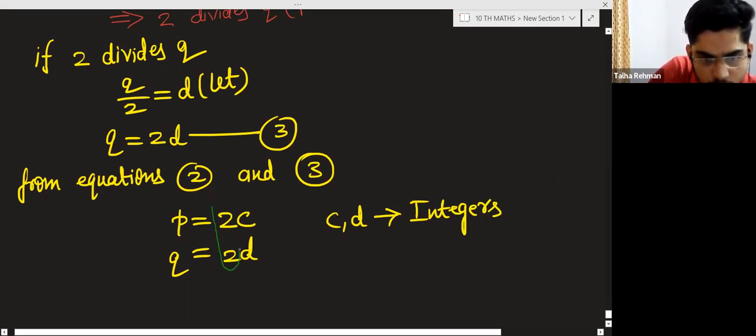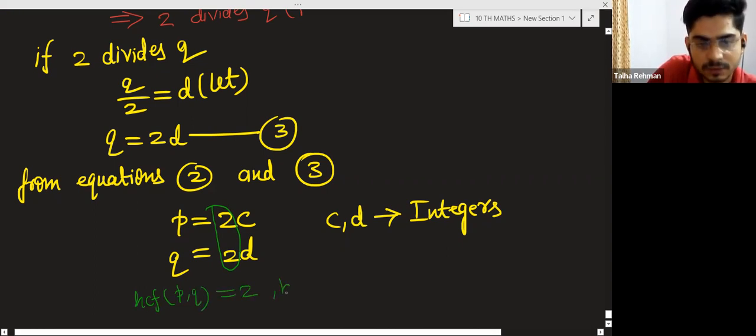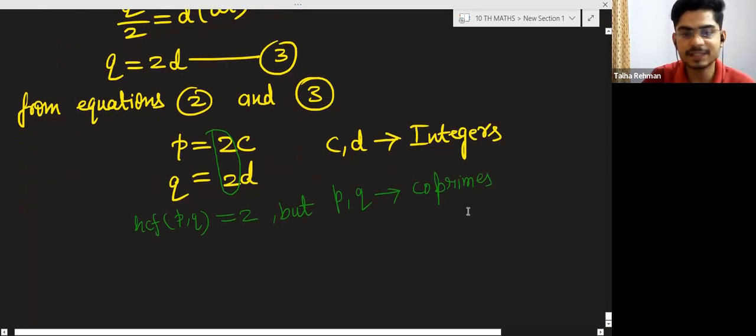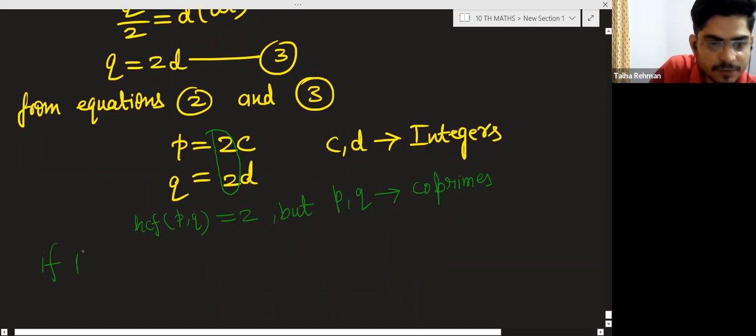Leave that. 2 is the HCF. So the HCF of P and Q is equal to 2, but we know that P and Q are co-primes. If P and Q are co-prime, then the HCF cannot be 2. We know that the HCF can only be 1 if P and Q are co-prime.